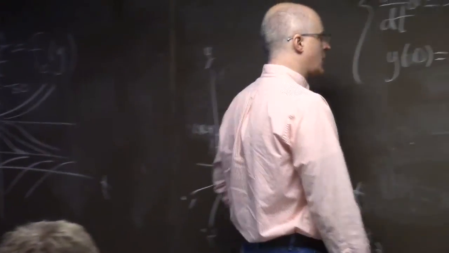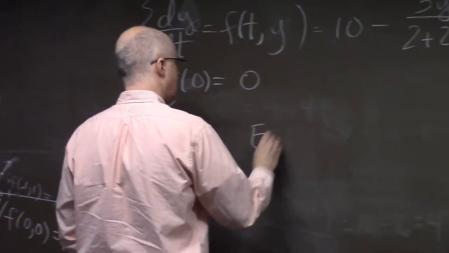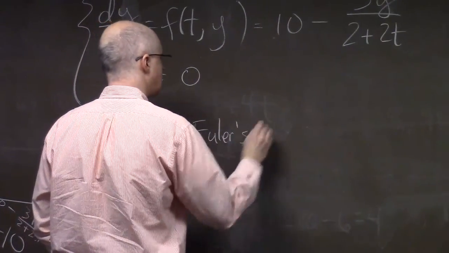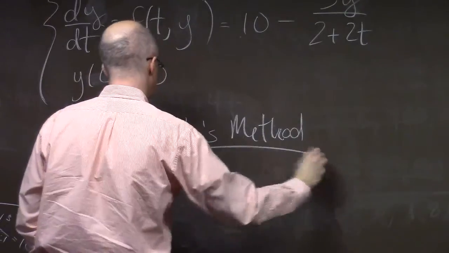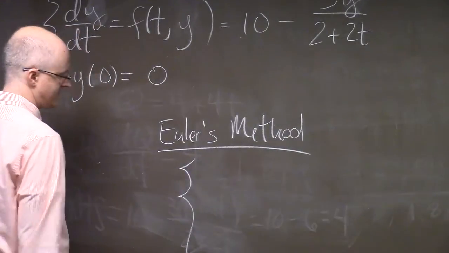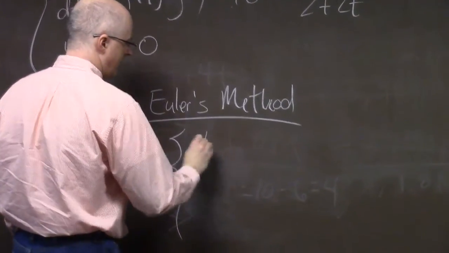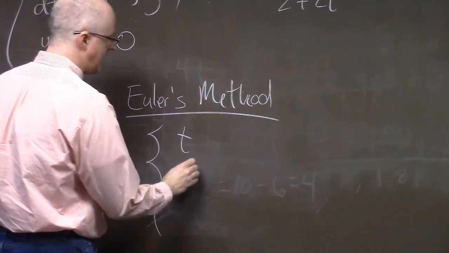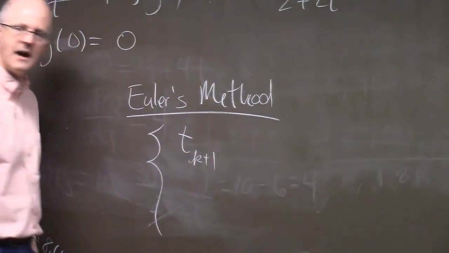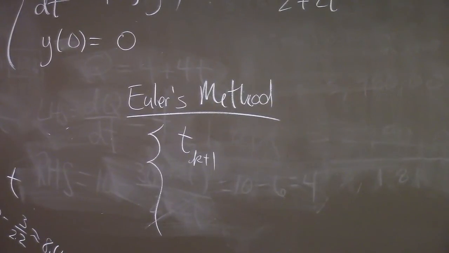As a system of recursive equations, it looks like this. The next value of time, the k plus first value of time, if you will, is determined by the preceding value of time, the kth value, plus the change in time that you're allowing.